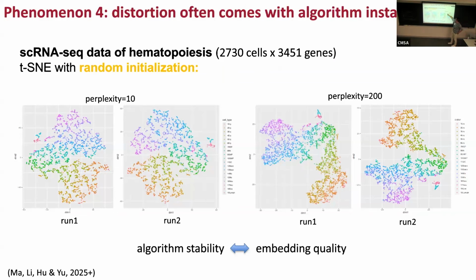Whereas if you're in the sweet spot, then the low-dimensional embeddings are mostly preserved in terms of global structure, just subject to certain rotations. So as a result, even if you don't know the underlying true structure, you can use this stability as a criterion to see whether you're in the regime where you have reliable visualizations. As a consequence, we designed an algorithm based on stability, because stability is something that you can measure.